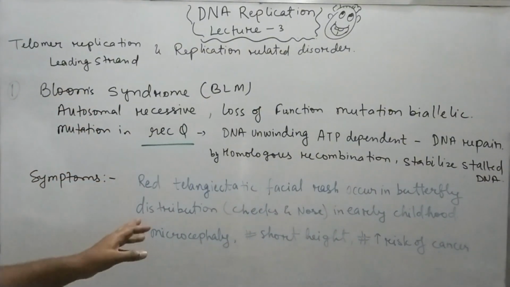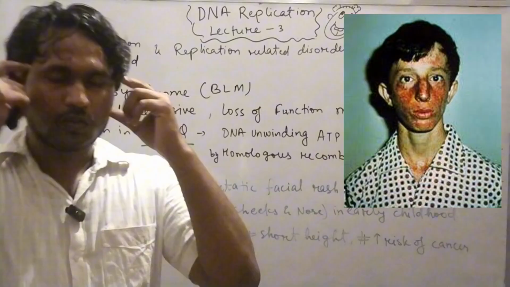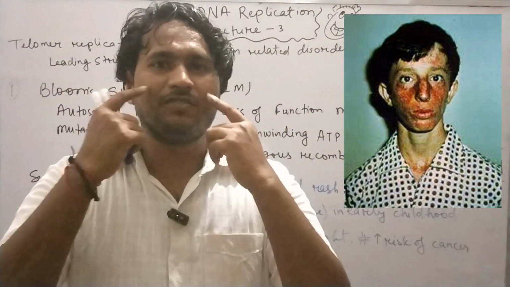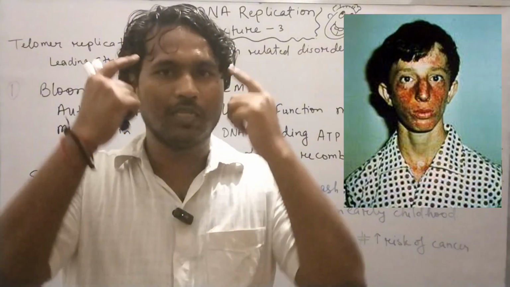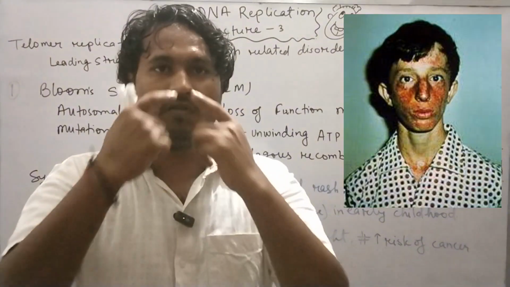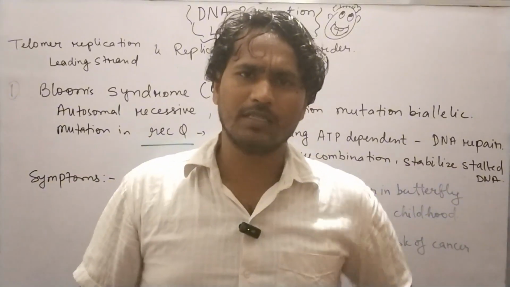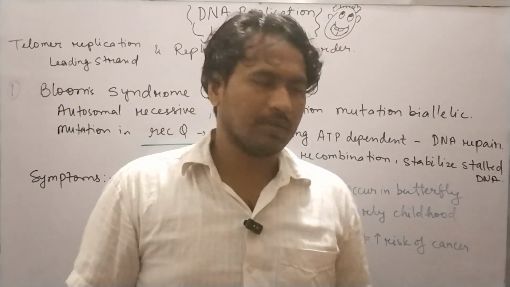What are these? Red telangiectatic facial rashes occur in a butterfly pattern. So small, slightly reddish patches will form like this. You must have seen it in small children, in teenagers or below 10 years.